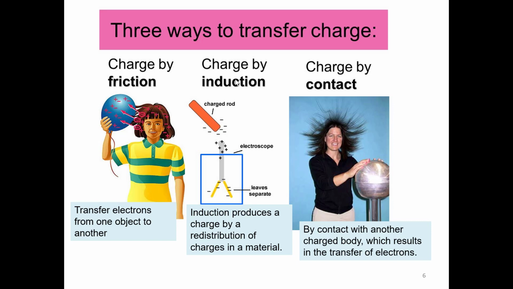The charge can be transferred by induction, which we will discuss in detail and which happens because of the redistribution of charge in a material, or by contact. If we have an object that is charged and we touch it, we will be charged, as shown in that example.